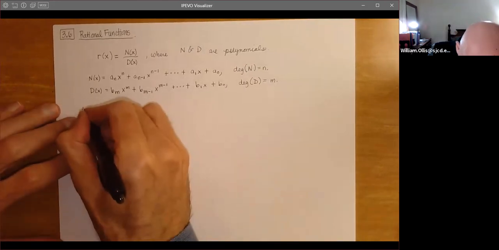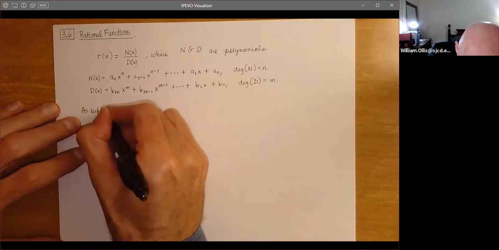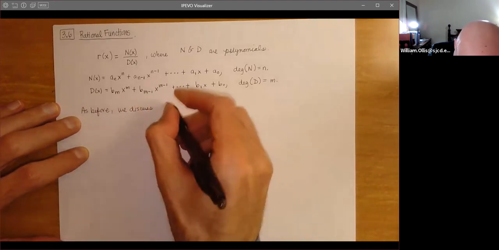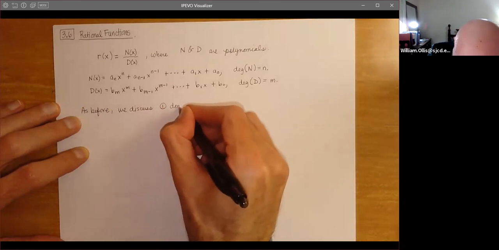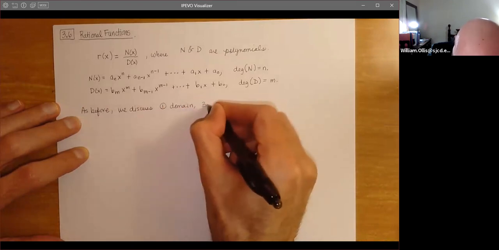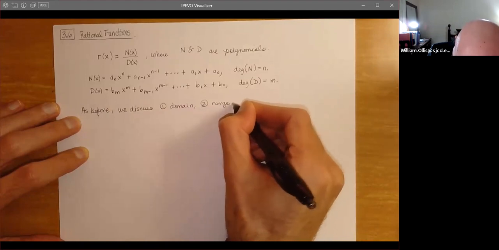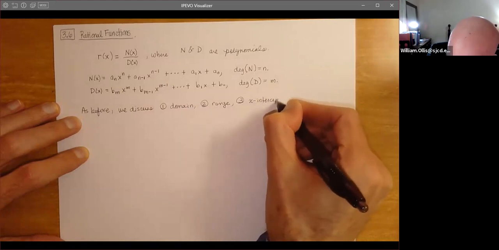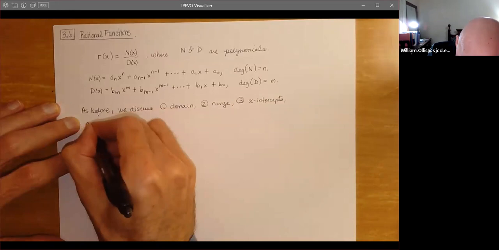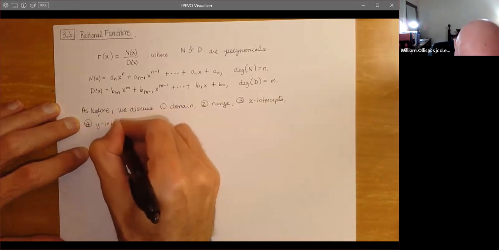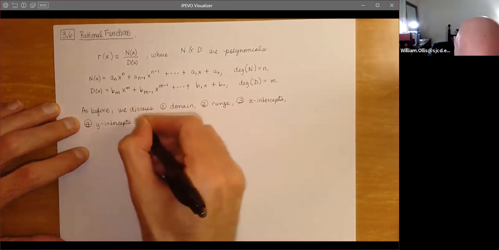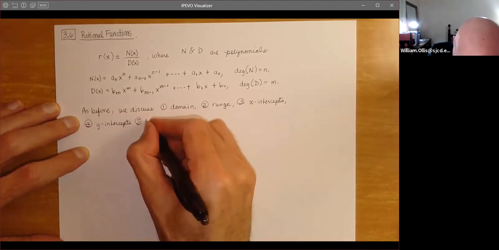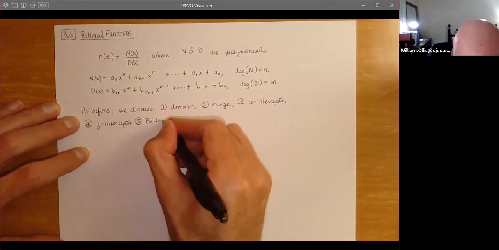So as before, we discuss number one, domain, range when it's suitable, x-intercepts, y-intercepts, and of course, we already know we can think of the BV technique for the sign test.